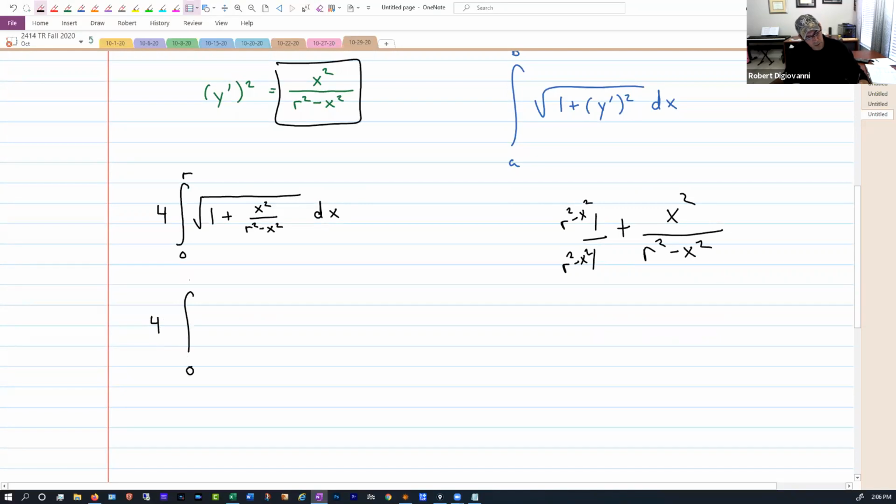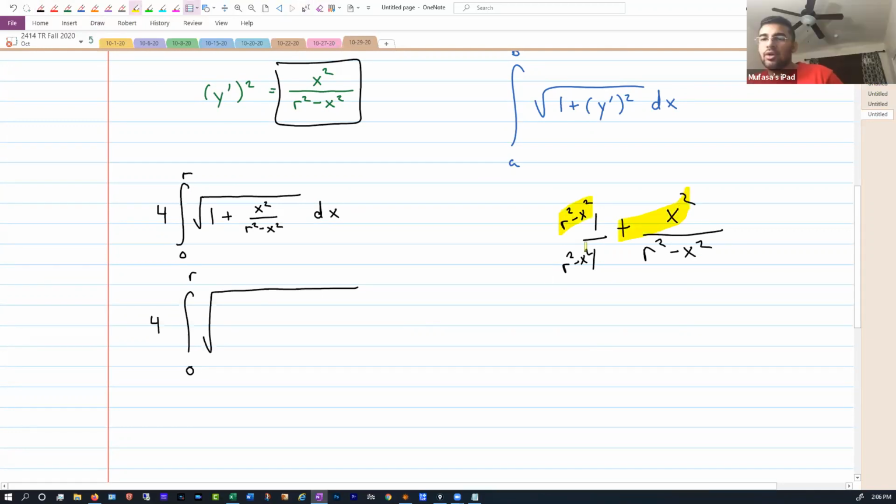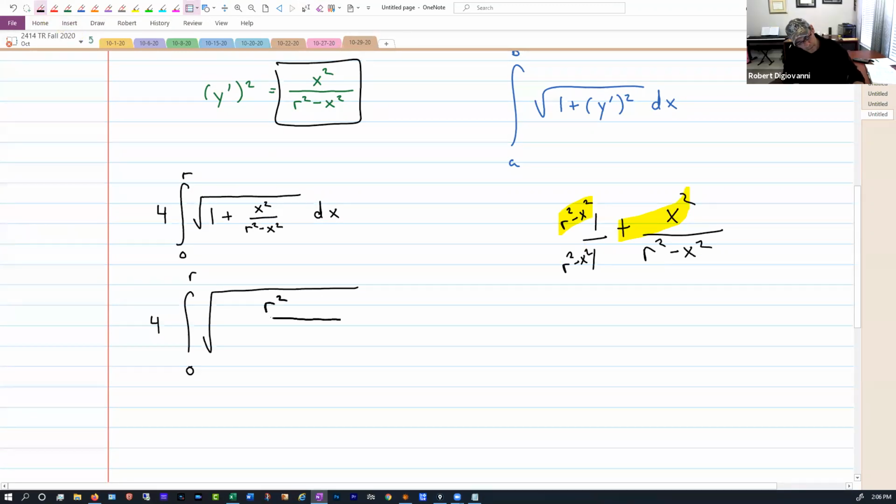4 integral 0 to r of the square root of, okay, what does the top become? If I take that and I add this, r squared, just r squared. Oh man, life is looking pretty good.